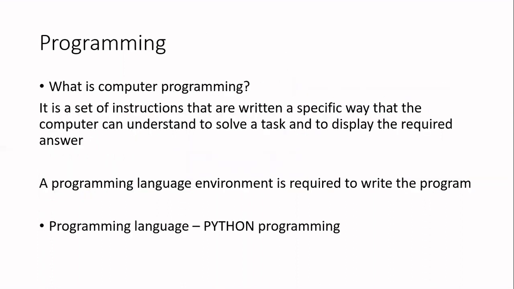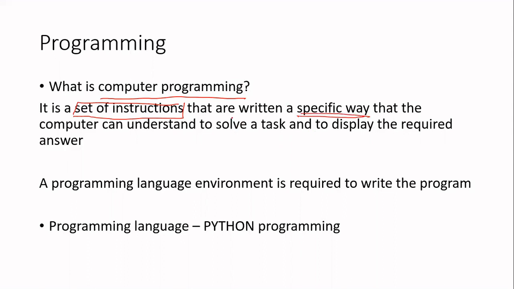So let's look at computer programming. And the first question we should be asking ourselves is, what is computer programming? Well, it's basically just a set of instructions. These instructions are written in a very specific way that the computer will understand.